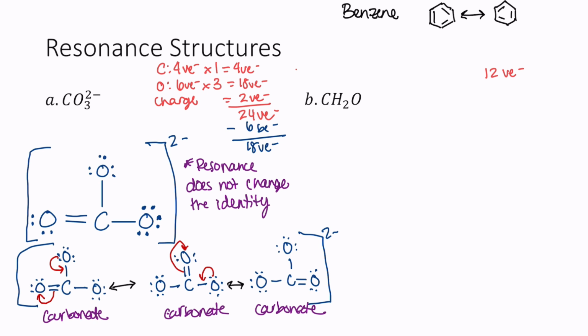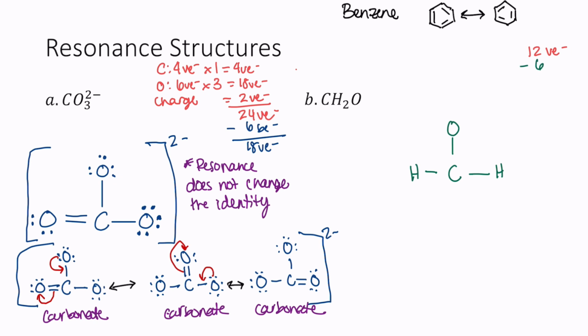So I will draw my carbon in the middle. I'm going to use a different color so I don't get it mixed up with carbonate. And then I know molecules like to be symmetrical, so I'll draw a hydrogen on each side, and I'll draw this oxygen going up. My next move is to attach my carbon with all of my outer atoms. I drew three lines, so it is a total of 6 electrons.